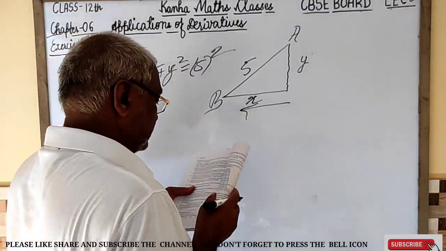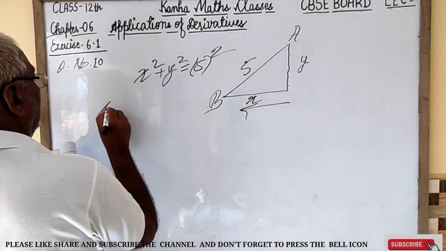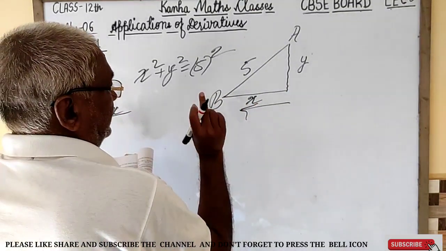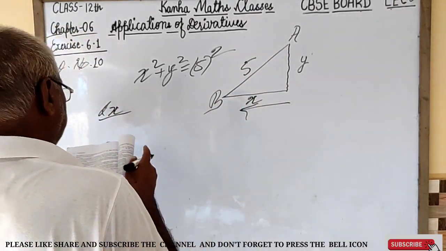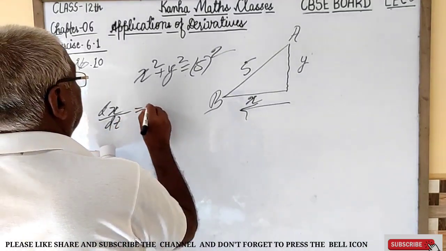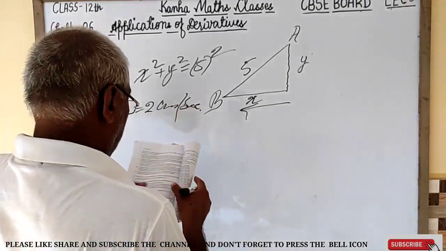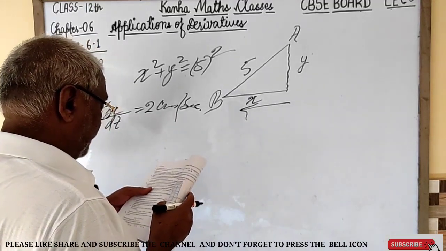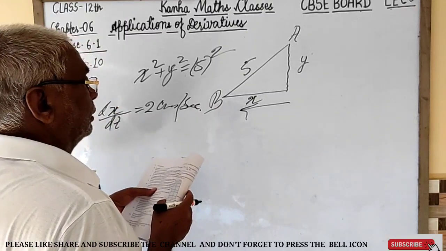The question says dx/dt, the rate of increase of the distance of the ladder from the wall, that is x, dx/dt is equal to 2 centimeter per second. How fast is the height on the wall decreasing when the foot of the ladder is 4 meter away from the wall?